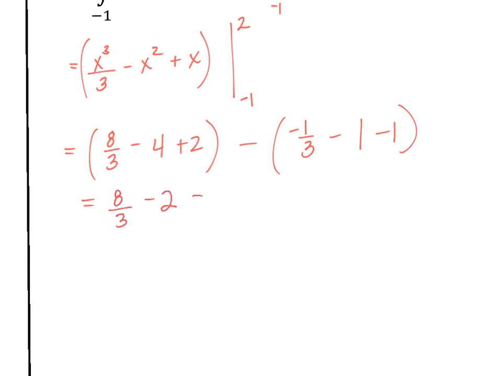This is where most learners I've seen in the past mess up with their negatives. In this case, I have a positive 1/3. And then this becomes negative 2, so this will be positive 2. You'll notice I have things that cancel, and so I have 8 thirds plus 1/3, and that gives me 3.